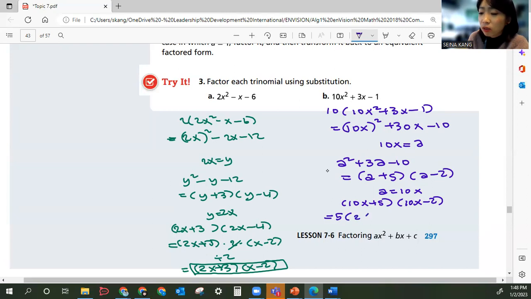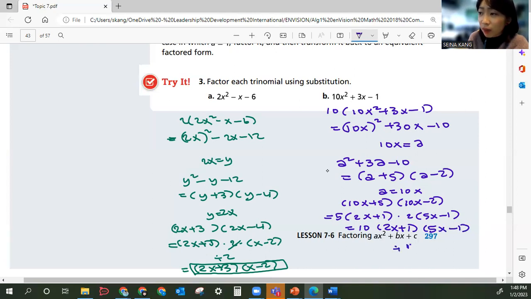You have 2x plus 1 remaining. And then you can also factor out 2 from your second binomial. You have 5x minus 1 remaining. So 5 times 2 is already 10, right? So you can simplify this to 10 times 2x plus 1 and 5x minus 1.